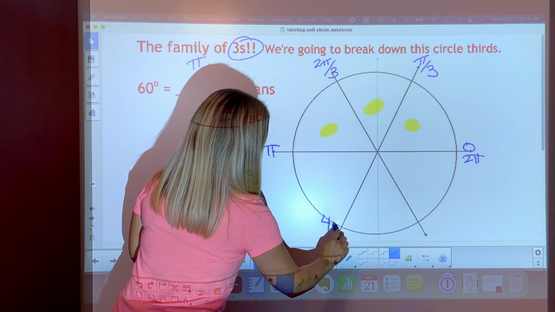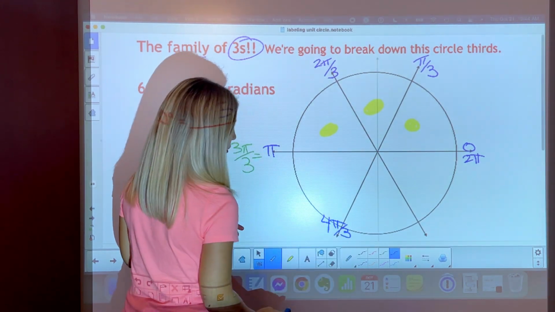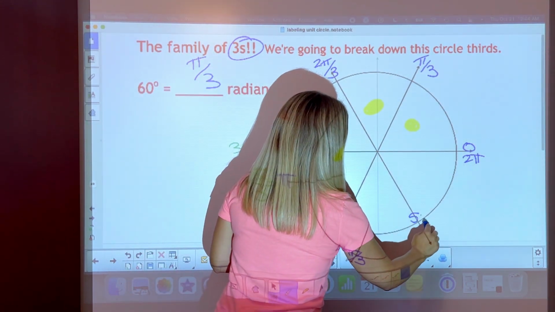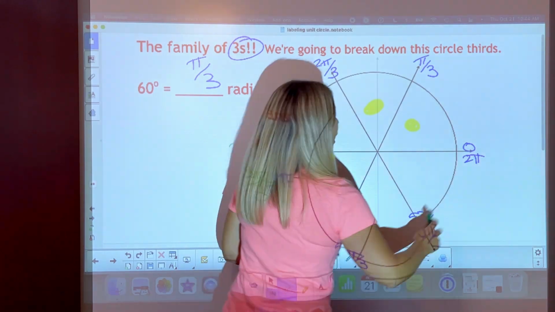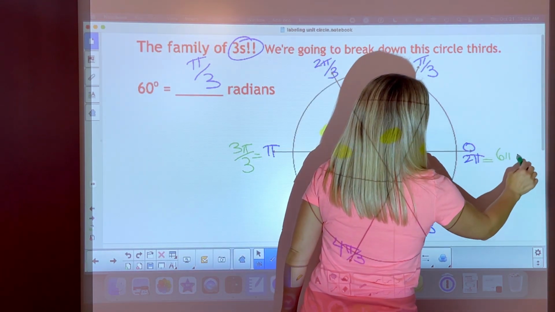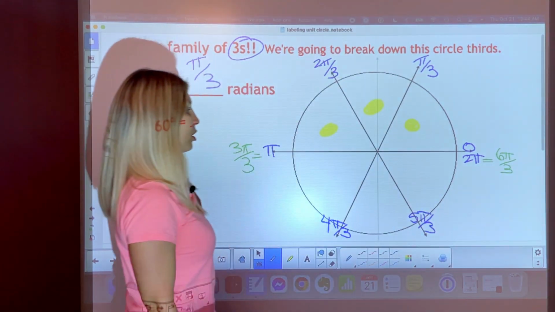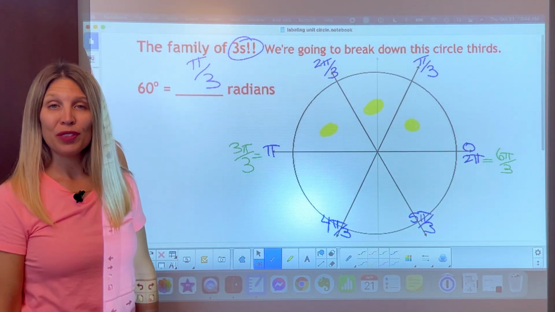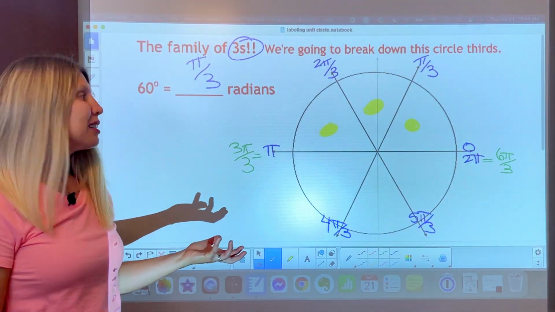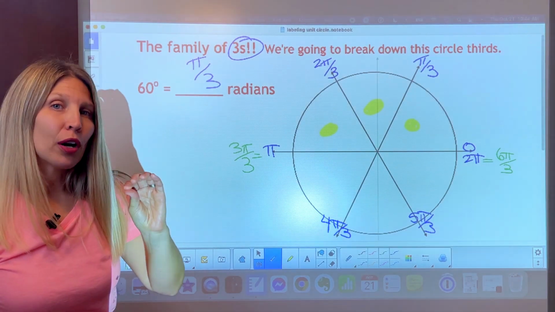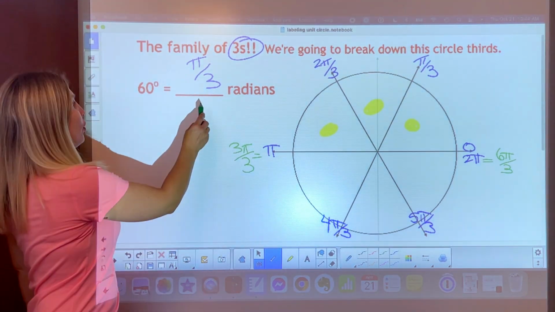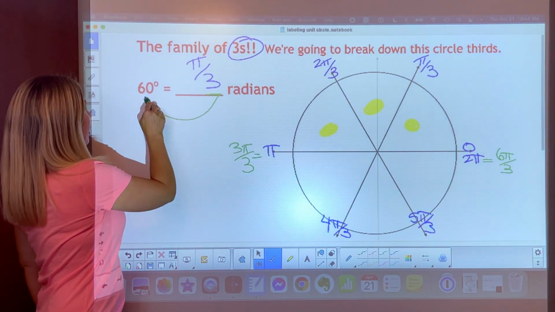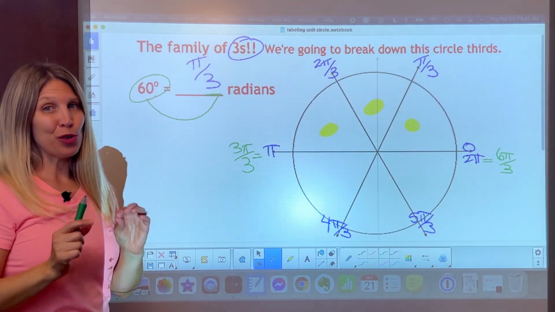This spot would be 4 pi over 3. Then we have 5 pi over 3. And then this 2 pi is reduced down from 6 pi over 3. So this is your family of 3s. The only tricky part is remembering that the pi over 3 is 60 degrees.